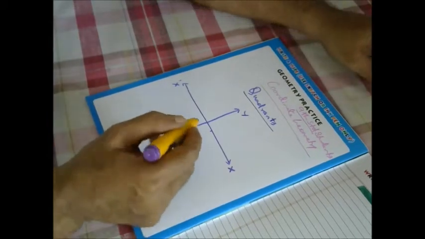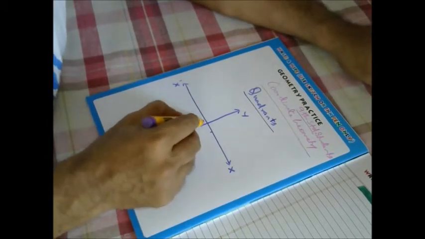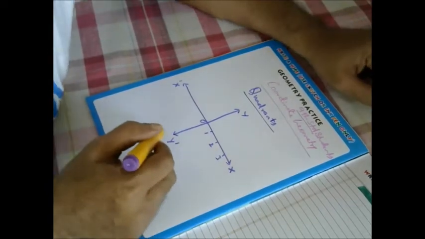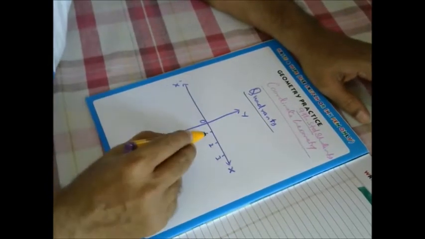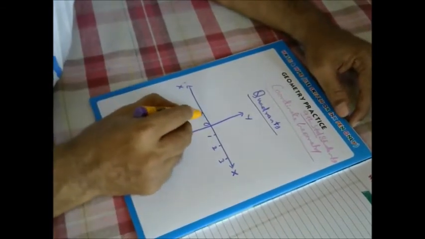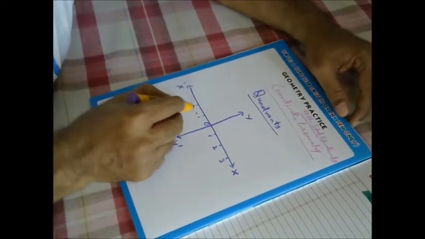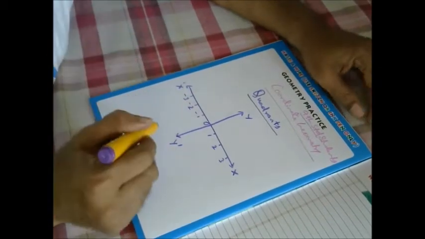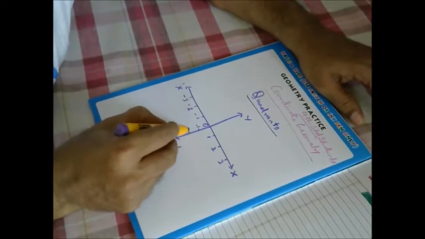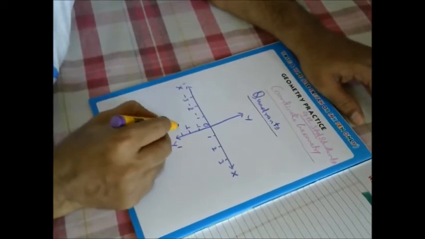This point is O. This is 1, this is 2, this is 3. As on a number line, the right hand side is positive numbers and the left hand side is negative numbers, -1, -2, -3. Similarly, downward on the y axis it has negative numbers, -2, -3.